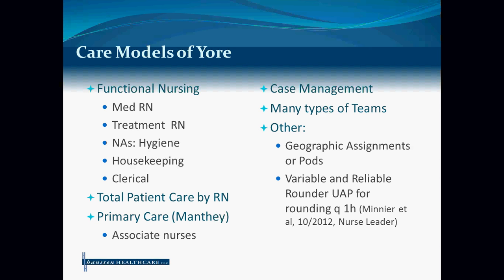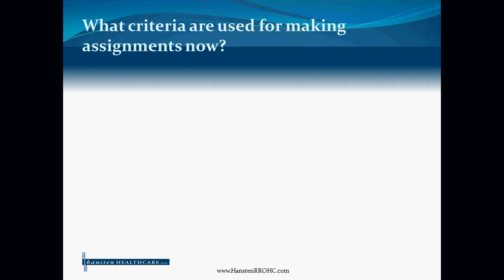So that one person is going around every hour and just continually going around the floor, whereas there might be a nursing assistant working with a set of patients with an RN and maybe doing other tasks, but might at some point also do some rounding. So there are different ideas that can be used to help take care of your patients in your particular area. What are the criteria that you use?